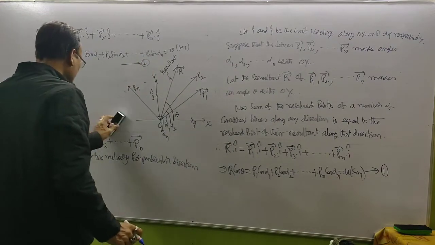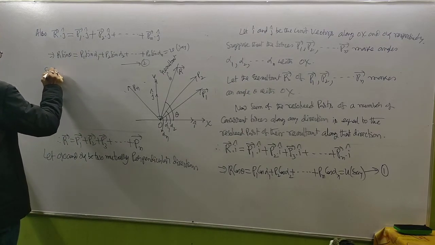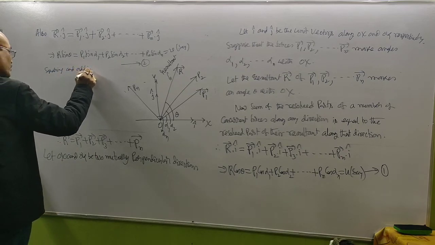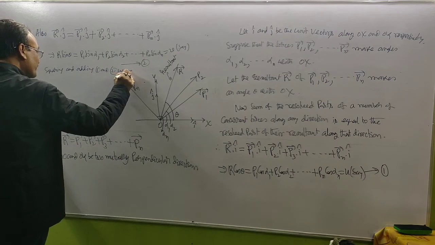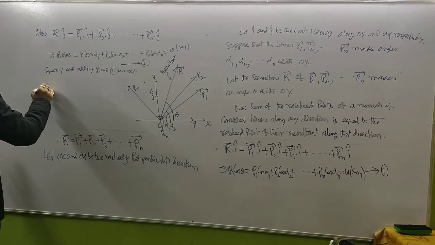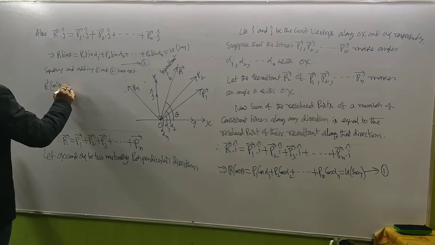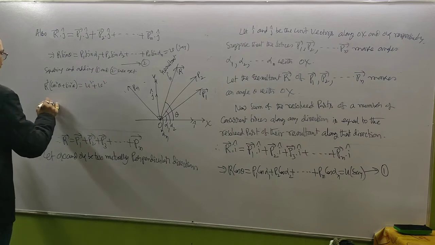Squaring and adding 1 and 2, we get R square into cos square theta plus sin square theta, which is equal to U square plus V square.